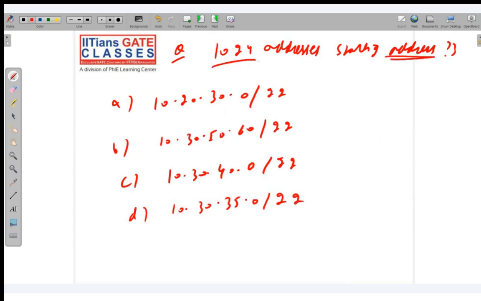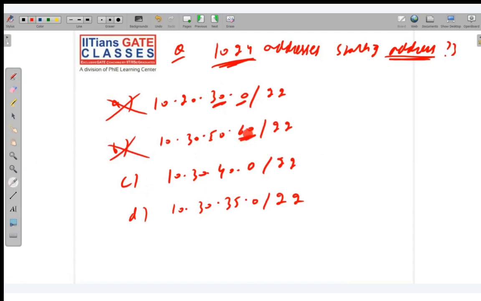For 1024 IP addresses we have to find the starting address. Here the last 8 bits are 0, and 1024 means we want the last 10 zeros. So 8 zeros are okay, and here we want 2 more zeros. 20 is divisible by 4. Is 30 divisible by 4? No, so just cut it. Next, here 60, simply cut it, no need to check. Why? Because the starting address should be all zeros in the last 10 bits.